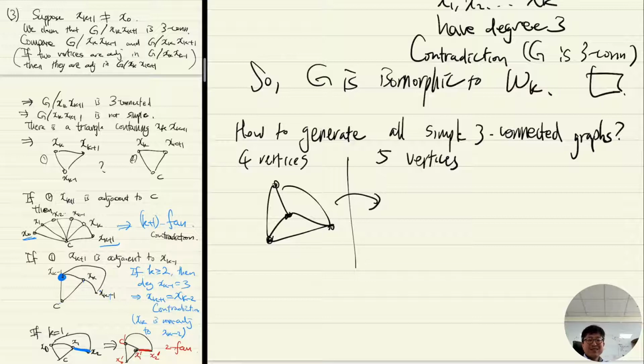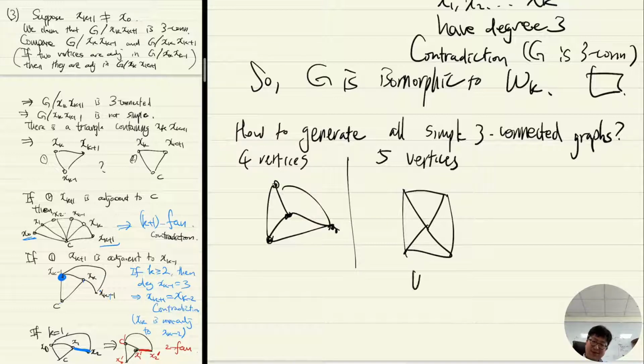This is every vertex has degree 4, so you never get it as a contraction of something. So the only 5 vertex graph is W5.